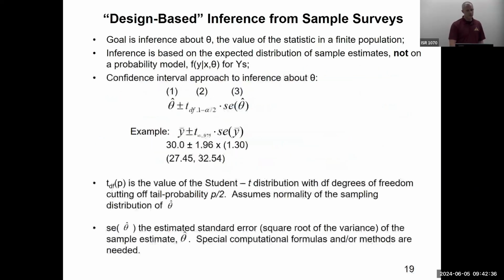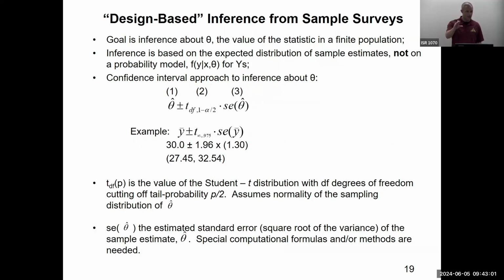Okay. So Neyman's paper really laid the groundwork for what we refer to as design-based inference from sample surveys. So the goal is to make inference about some parameter, very much like the model-based approach, but in a finite population. We're no longer talking about some infinite data generating process. We're talking about a finite population that we could go out and enumerate if we had the resources to do so.